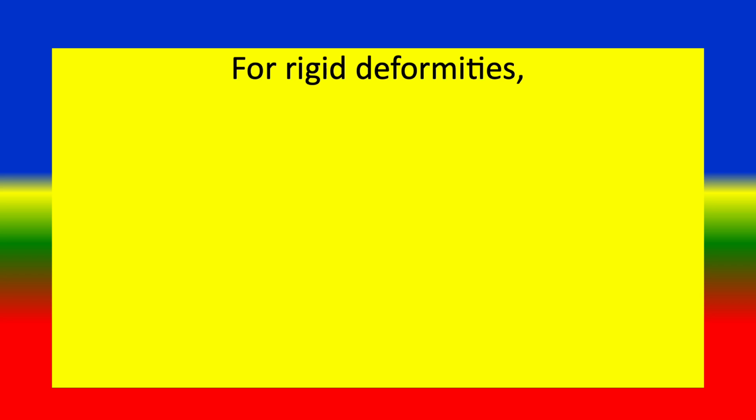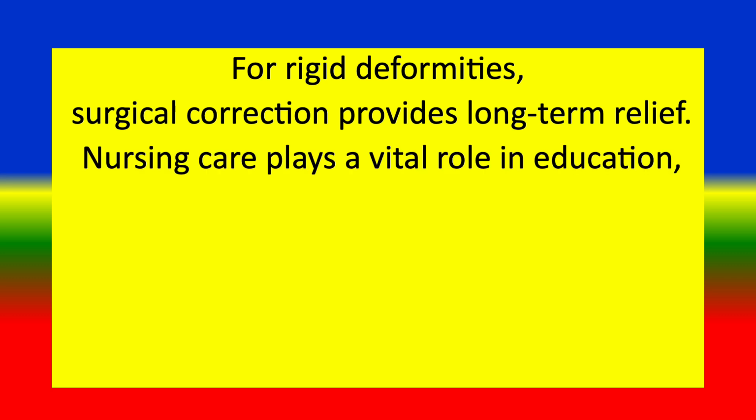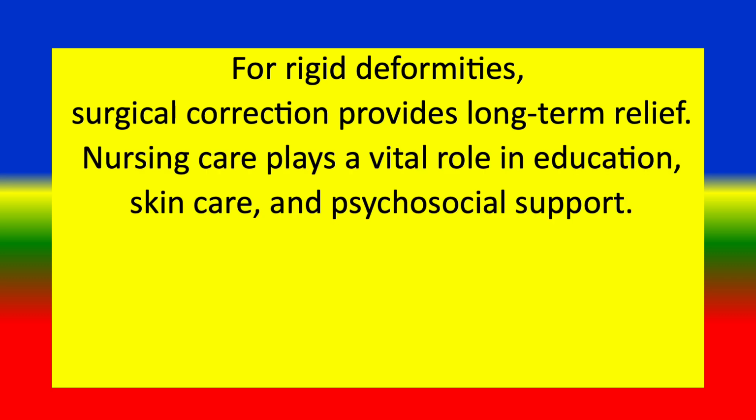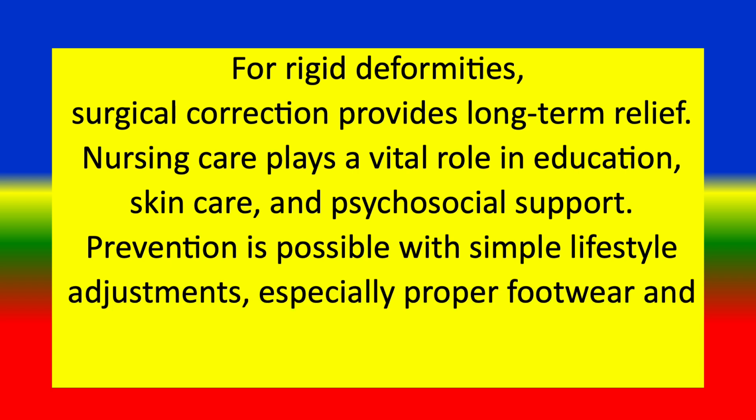For rigid deformities, surgical correction provides long-term relief. Nursing plays a vital role in education, skin care, and psychosocial support. Prevention is possible with simple lifestyle adjustments, especially proper footwear and regular foot care.